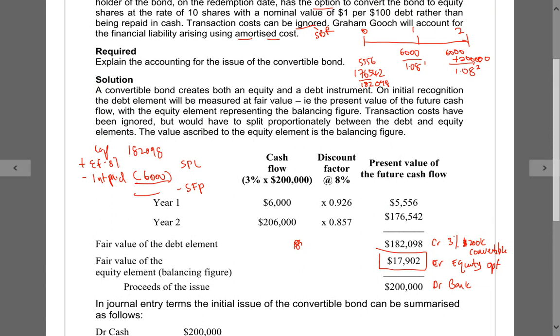If you calculate using this one, because they use 3 decimals, you're out by maybe $100 or less. So if the question gives you the discount factor, you use the discount factor. Don't calculate this way. Of course, this one is the more accurate one, because that one uses only 3 decimals.